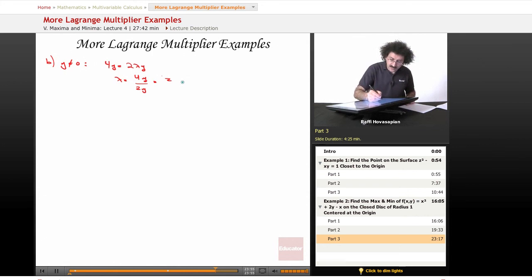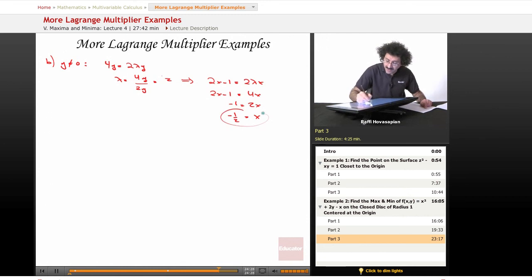Well, when lambda equals 2, this implies that 2x minus 1 equals, well, the equation is 2 lambda x, right? So 2x minus 1 is equal to lambda x, with lambda equal to 2. It's equal to 4x. So I'm going to get 2x equals minus 1, x equals minus 1/2.